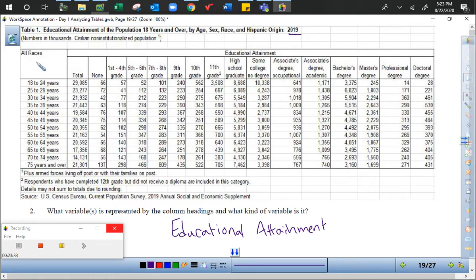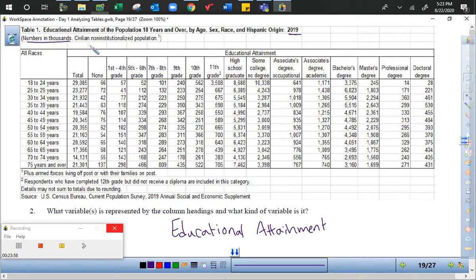Notice over here it said all races, so it's not actually segregating by that. It's grouping them all together and only looking at the years for this one. Then below it says numbers are in thousands. That's important. So this doesn't represent 66, it represents 66,000. Keep that in mind.